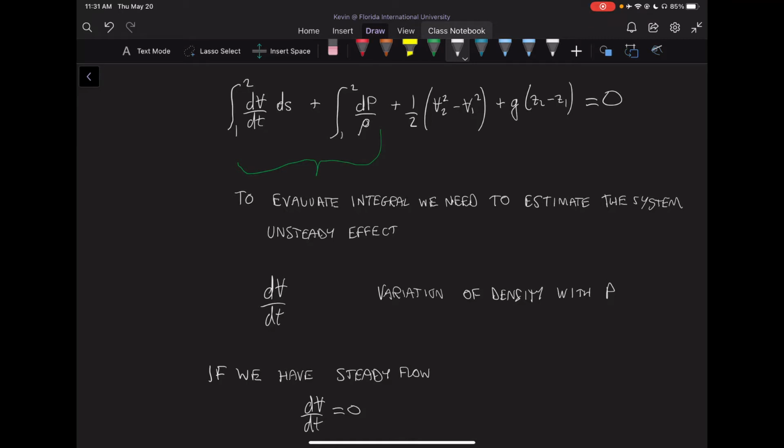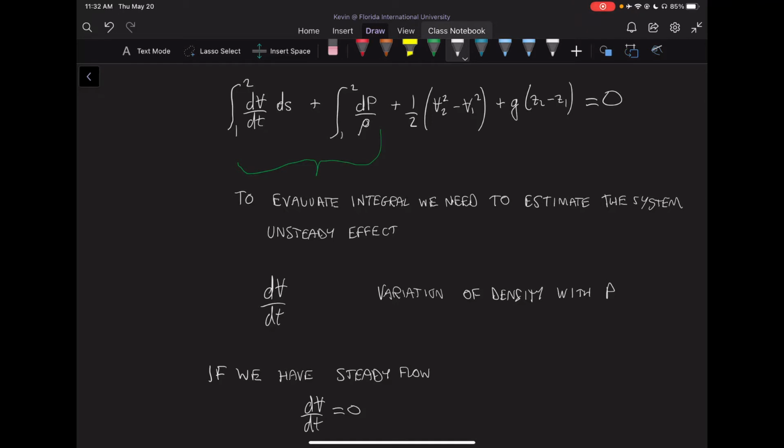But if we have steady flow, which is most of our examples, most of the problems that you're going to be faced with as an engineer is usually steady flow. So for example, they'll give you an example of a steady flow going through a dam and we need to figure out what our pressure along the streamline is or what our velocity along the streamline is.